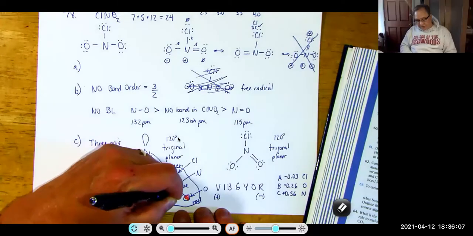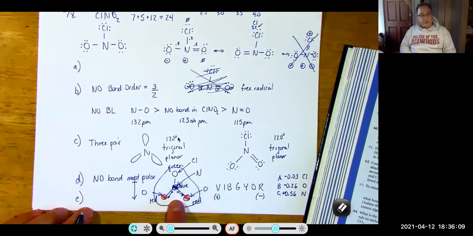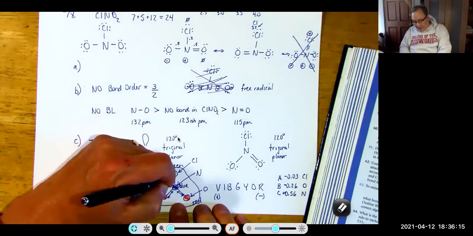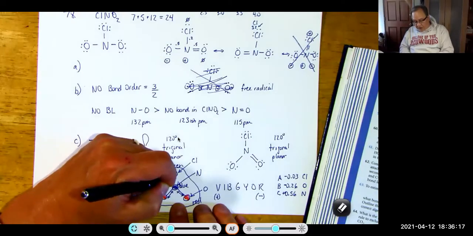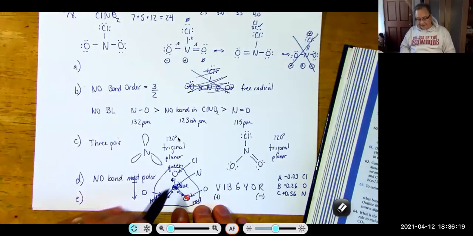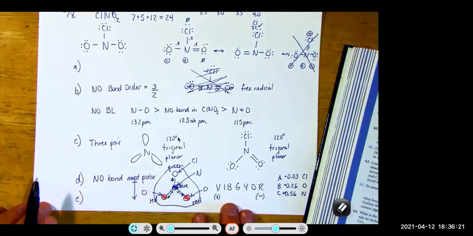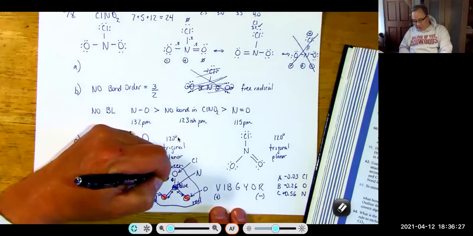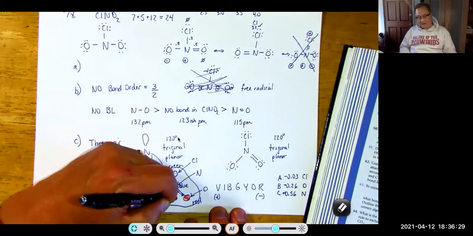Here you would do this for the vectors, as you would call it. And here you would do this for the vector. Now, why is this such a short little vector compared to these? Because the chlorine's not pulling the nitrogen as hard as oxygens. This is a 0.2 arrow, this is a 0.5 arrow, and this is a 0.5 arrow.